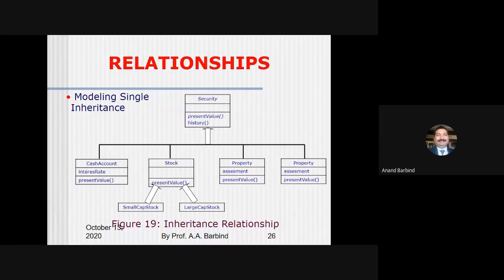Here is another example of the class diagram. Security is the base class. When we want to model inheritance, we use the generalization relationship, which is shown with a solid line with a hollow arrow. Again, because of the conversion of the slide, the arrow has been modified.